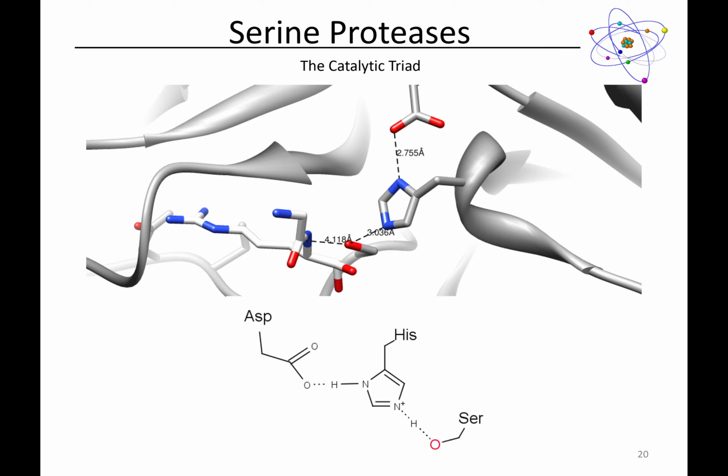right, so you can imagine that there's this hydrogen here on the alcohol of the serine. The lone pair on the aspartic acid reaches out, it pulls a proton off of the histidine. That impacts the resonance within the histidine, within the imidazole of histidine, which then shifts over and allows this nitrogen to deprotonate that serine.